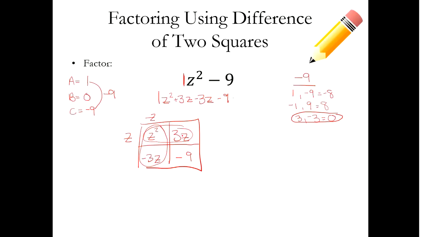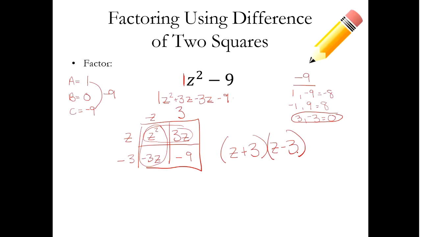Something times z needs to give me 3z. That would be 3. And then 3 times something needs to give me negative 9, which should be negative 3. And negative 3 times z is negative 3z. So my answer is z plus 3 and z minus 3 for that particular problem.